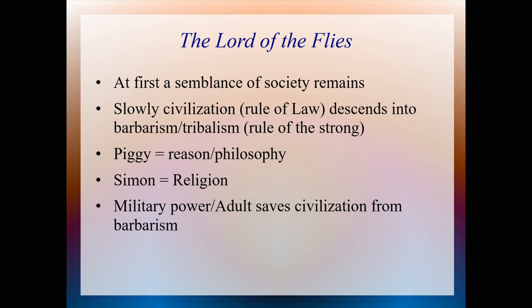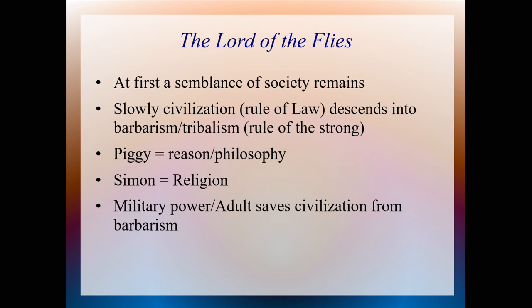And you see, while the video didn't go into it in depth, Piggy is pretty much the representative of reason and philosophy. Simon, who it didn't talk about much at all, is the proxy or the symbol for religion here. And what this shows is, in this Hobbesian type view, in this story, reason and philosophies can't keep society together.